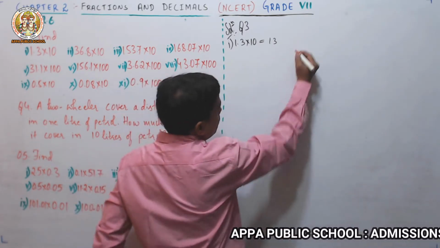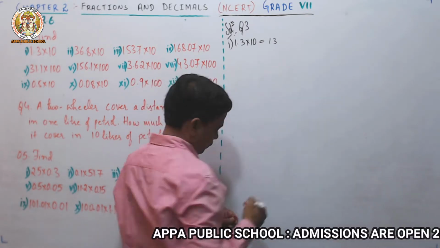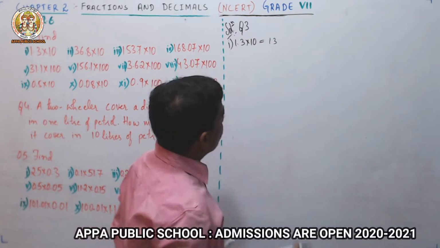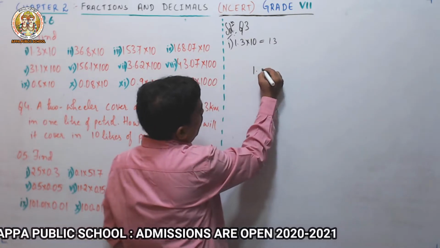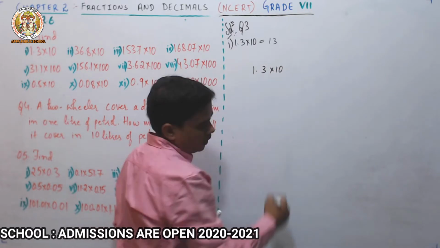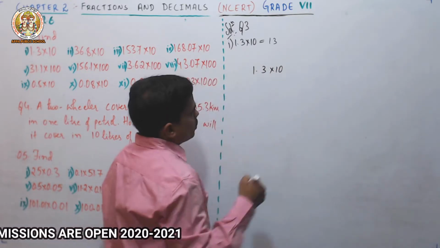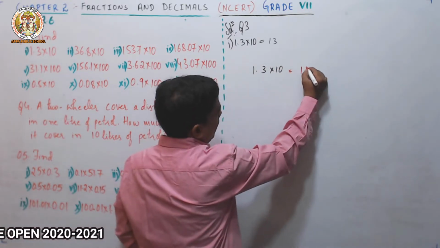The question is 1.3 into 10. You write it as 13 as it is.